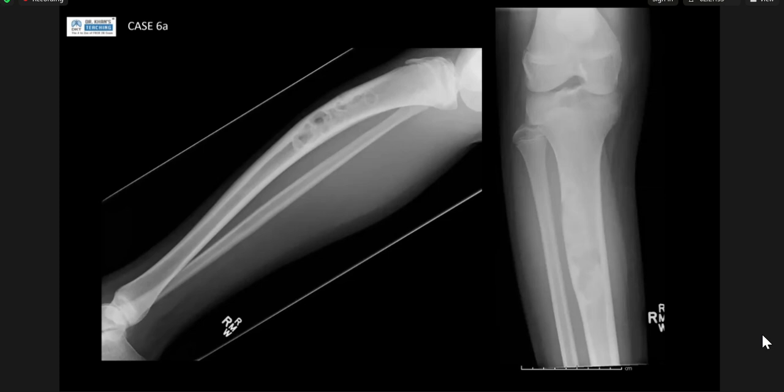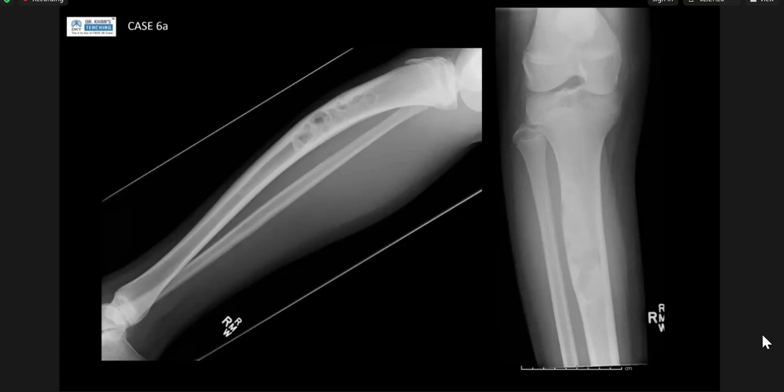Did you say infection? Brodie's abscess. Okay. Is this a typical location for infection? No, it is not. And where would you tend to see infection or Brodie's abscess?